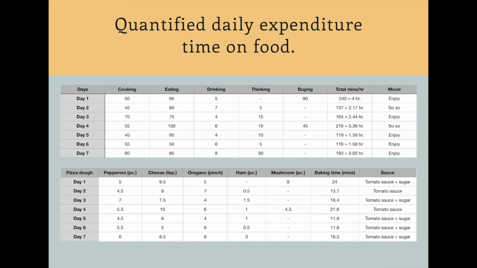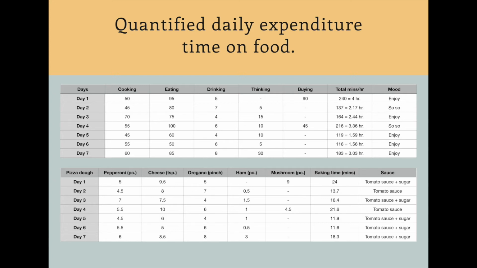Then I analyzed all of the daily information, which I divided into time of cooking, eating, drinking, thinking, buying, and the total time of these activities. The minutes of each activity show the quantity of ingredients.